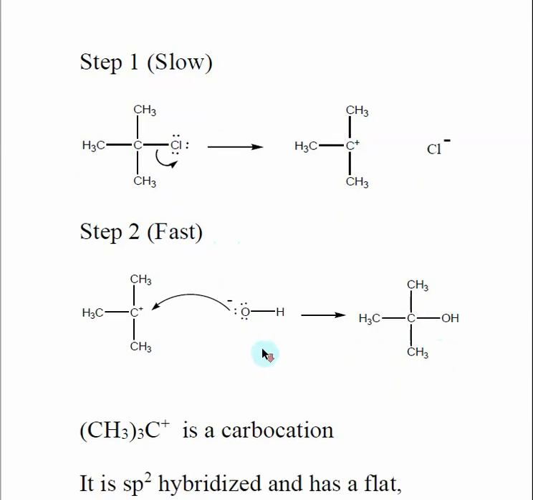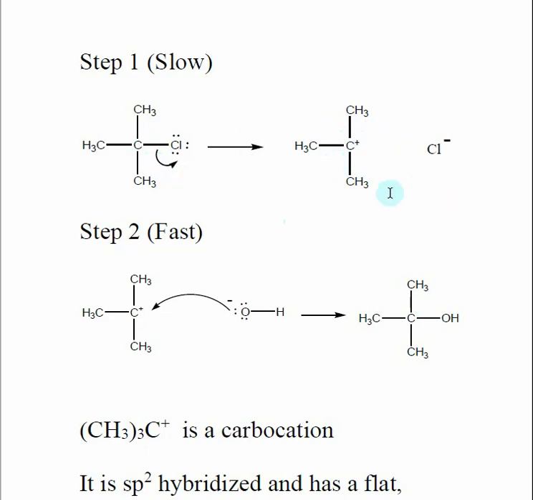Because here, this species, the positively charged carbon, is called a carbocation, but one of the things you should notice is it has a violated octet, which means that it is relatively unstable. So in the first step, we're going from a species that has a full octet to a species that has a violated octet, which means that it's unstable, so it's hard to do. So this is kind of going uphill.